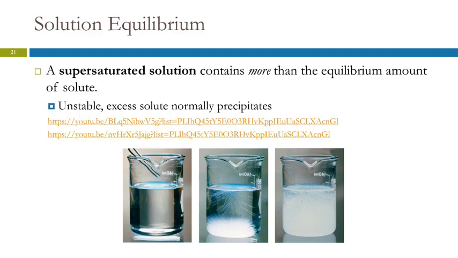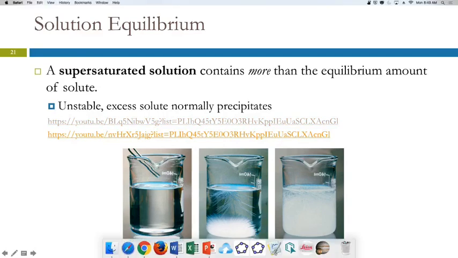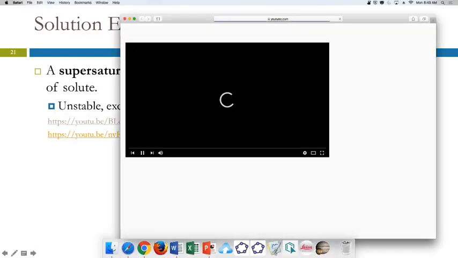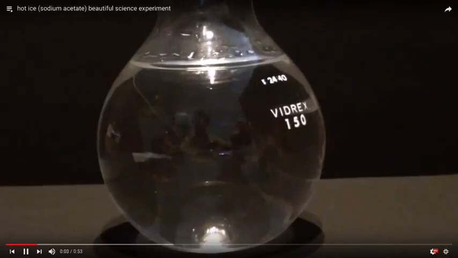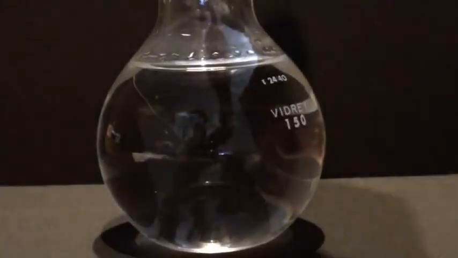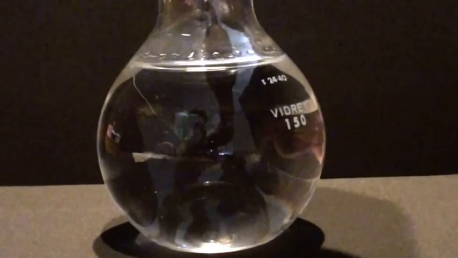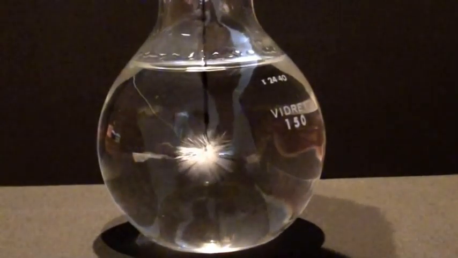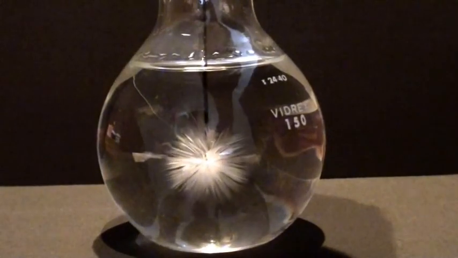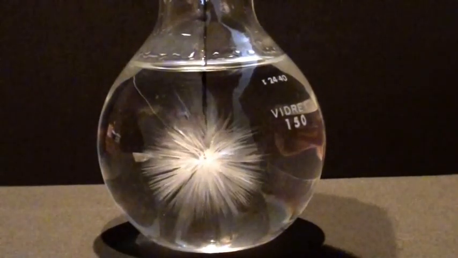So I've got a couple of YouTube videos to show you. This one doesn't have any sound. That's saturated sodium acetate, and they just stuck a spatula in there. And that's the sodium acetate crystals.